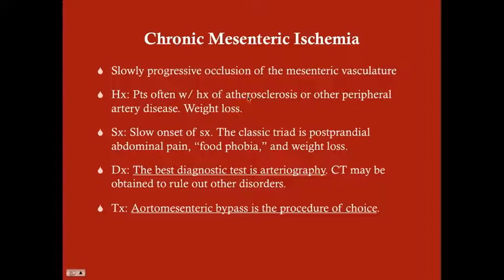Usually with chronic mesenteric ischemia, we're not worried as much as we are with acute about necrosed bowel because it's developed over so much time that you've been able to develop your collateral circulation. So we're not as much worried about those life-threatening problems. So aortomesenteric bypass is the procedure of choice. And exactly what procedure you do, where you do the bypass, you don't have to worry about that, but that's all going to be based on your angiography and where the blockage actually is.